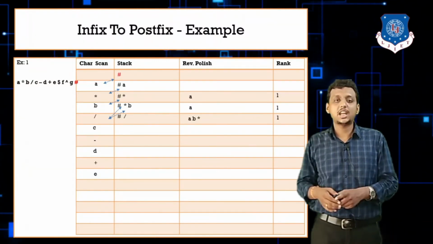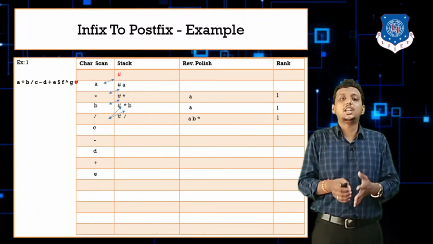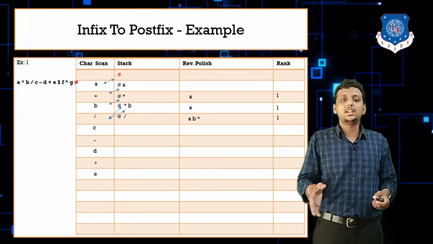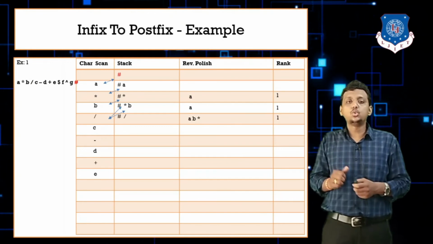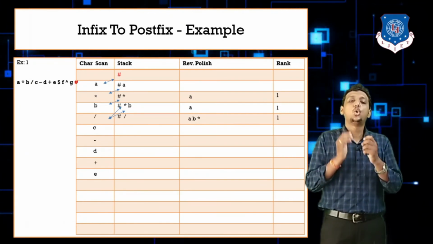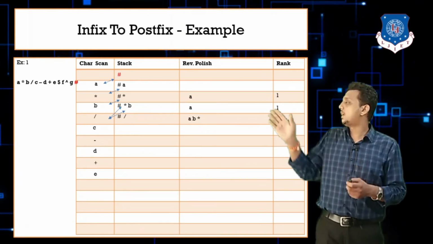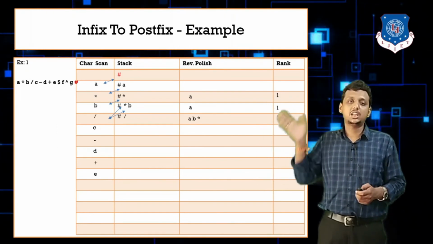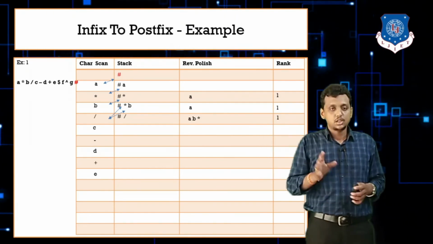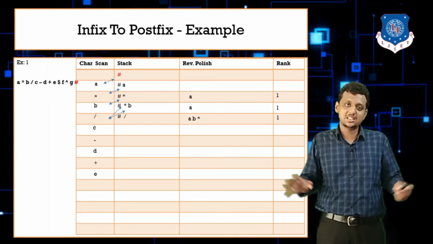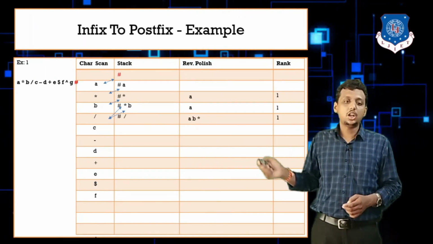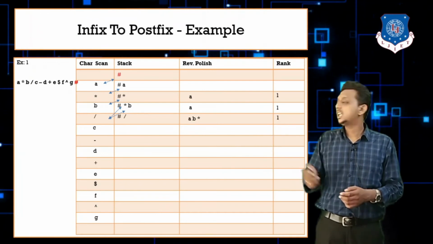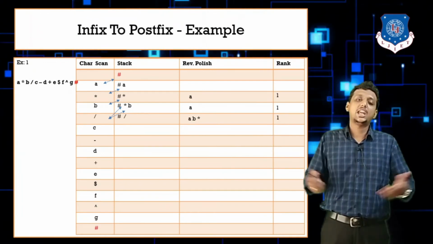If you do that, you make a mistake and it will affect your answer as well as your marks. So just write down the whole expression, character by character, in the first character scan column. Okay, so I'm writing like that: E, dollar, F, caret and G, and the last one is the hash.